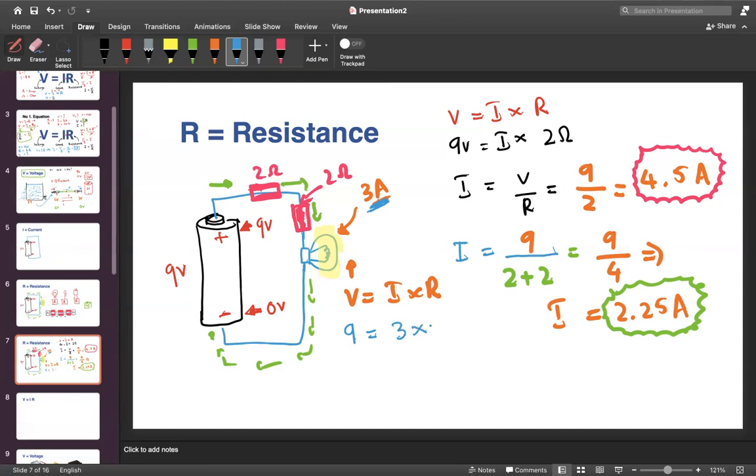Right? And then I need to find the best possible R. I need to find exactly what R, or resistance, will make this current 3 amps from a 9 volt battery, right? 3. Exactly. How did you make it? Simple, right? So V equals IR now. R is equal to what?